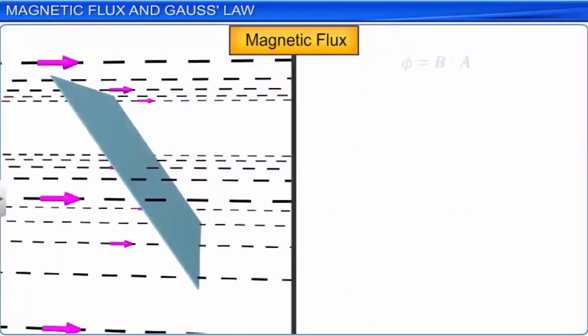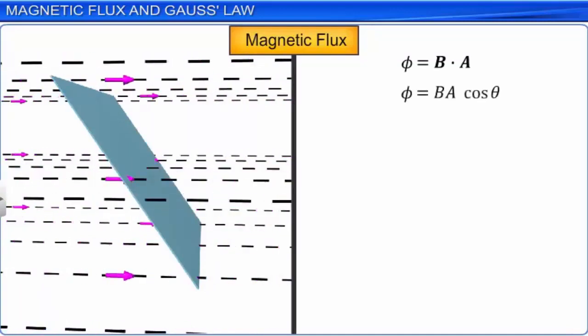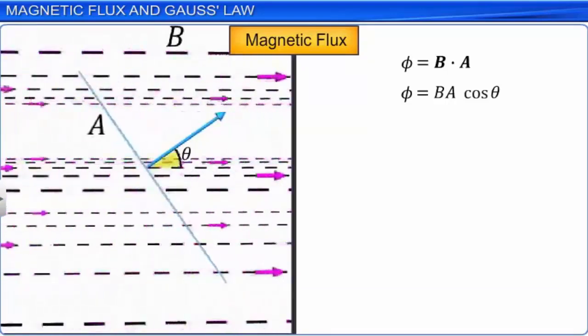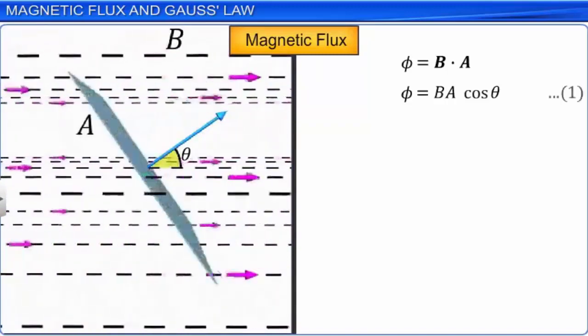The magnetic flux, phi, is equal to B dot A, which is equal to BA cos theta, where B is the strength of the magnetic field, A is the area of the given surface through which the field lines pass, and theta is the angle between the direction of magnetic field and the area vector. Let this be equation 1.